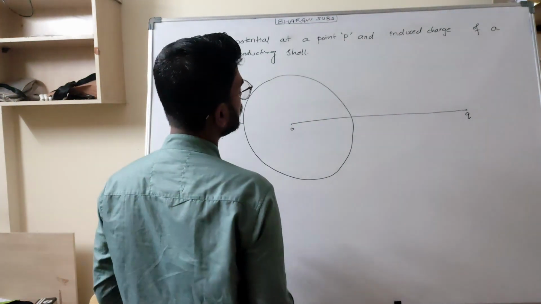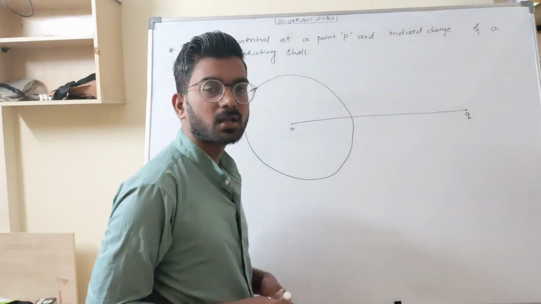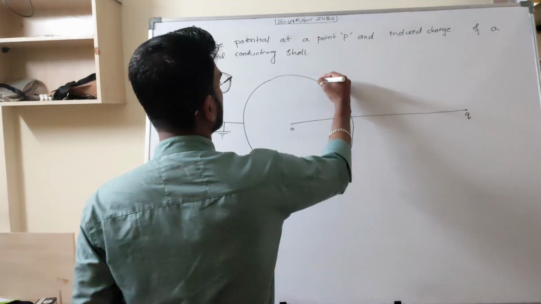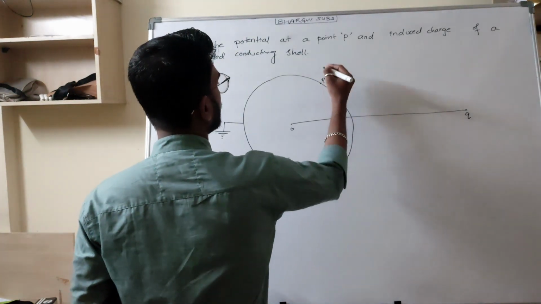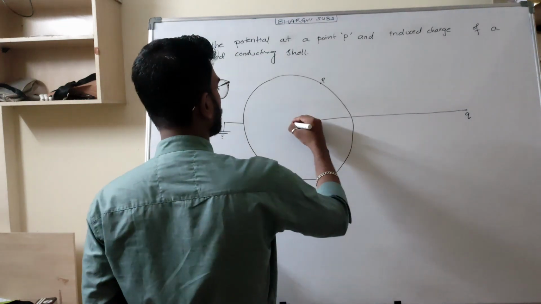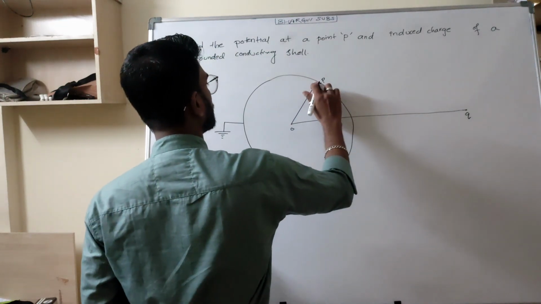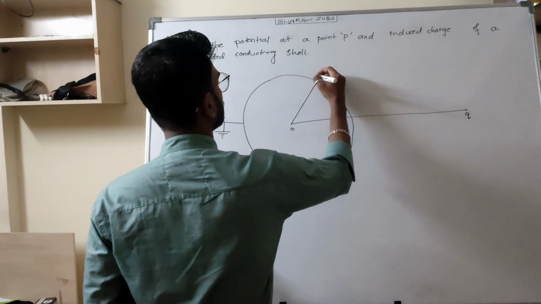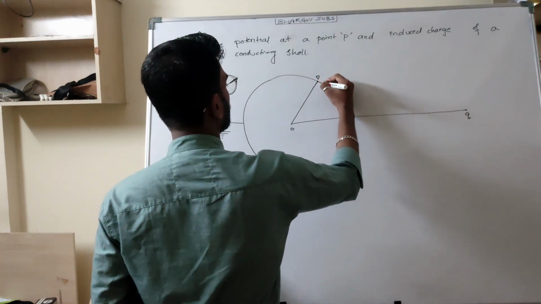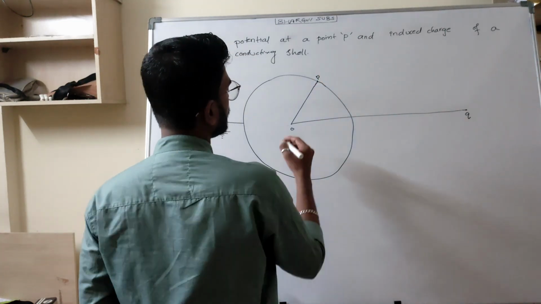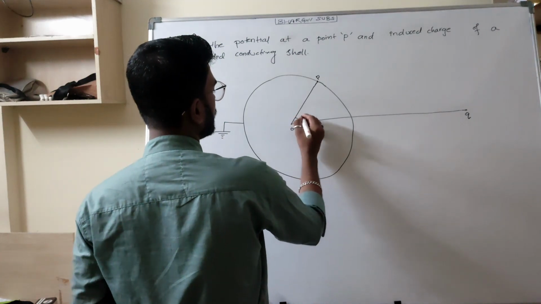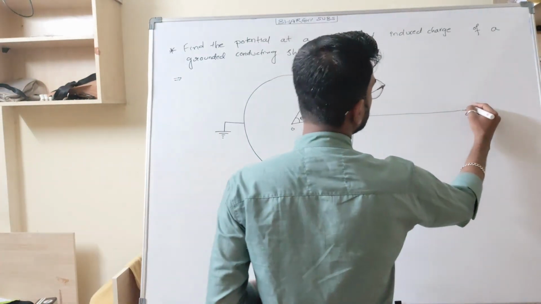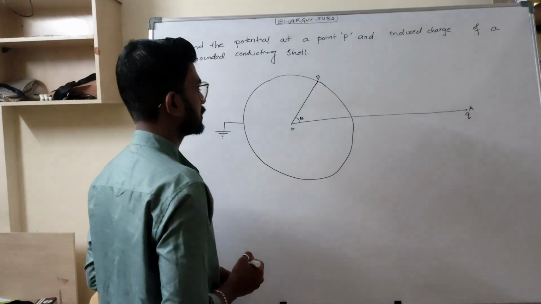So first of all, I am taking the point P on the shell here. This is the point P, and I am joining this point. Theta is the angle between OP and, suppose, OA.